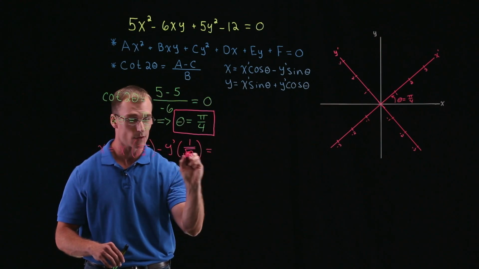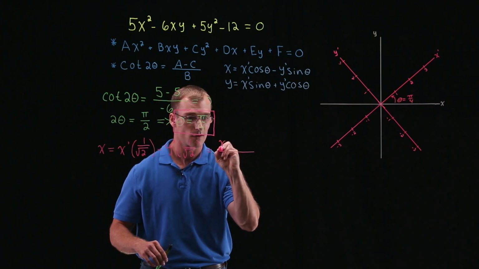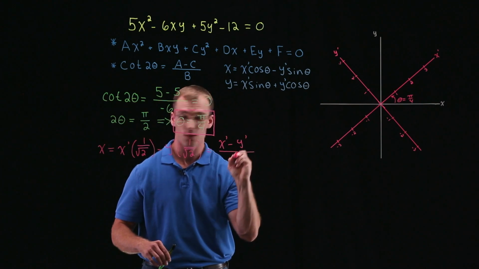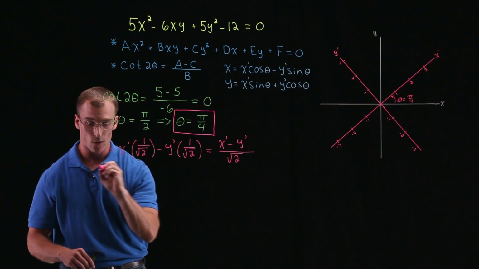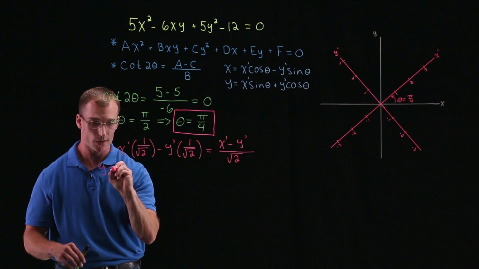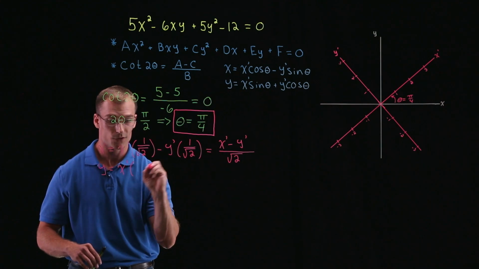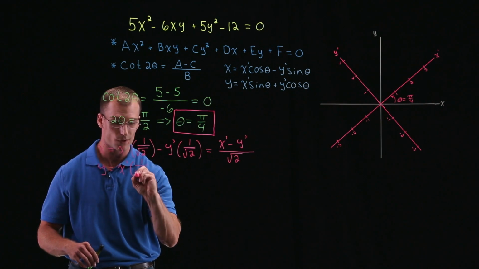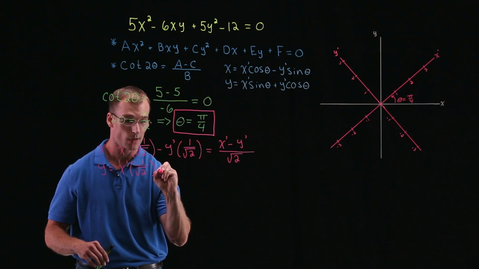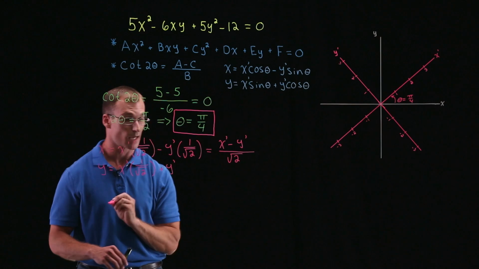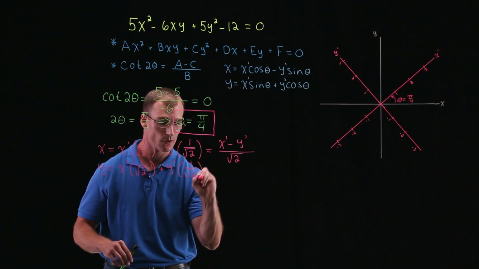We can simplify this while we're here. With a common denominator of square root of 2, this can be written as x prime minus y prime in the numerator, all divided by square root of 2. And for y, we have y equals x prime times sine of theta, which at pi over 4 is 1 over the square root of 2, plus y prime times cosine theta, which again is 1 over the square root of 2.